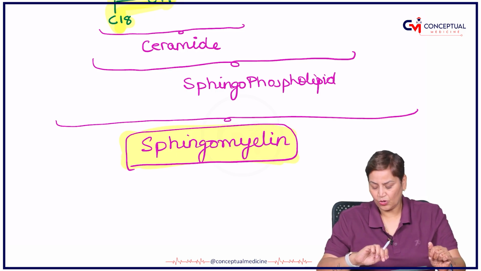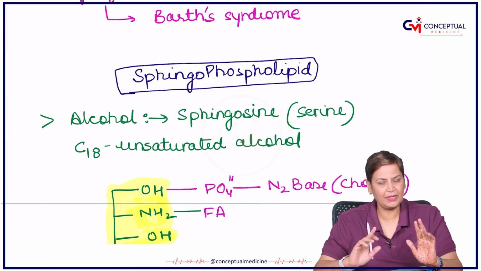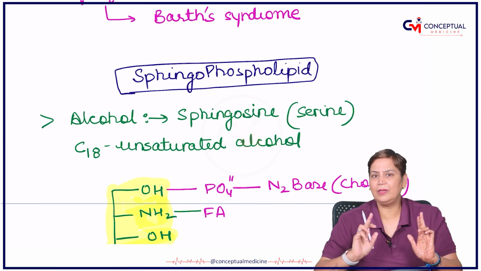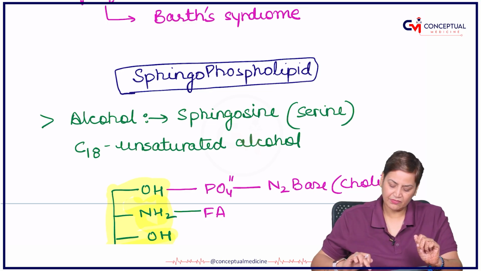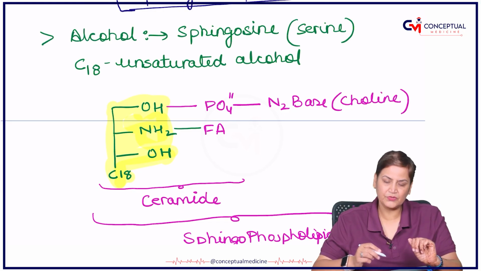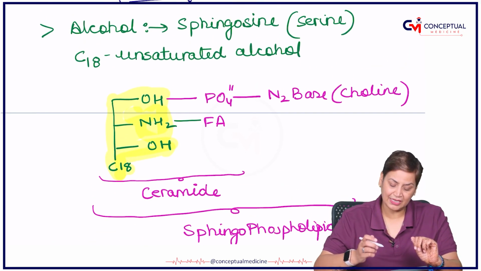Clear? So you have to remember that glycerophospholipid is the one which has the alcohol glycerol. But if the alcohol is sphingosine, it becomes sphingophospholipid, right? And what is sphingosine?